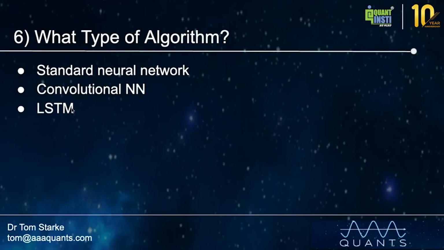LSTMs are often really good at dealing with time series. However, the problem with LSTMs is that the time series they like dealing with should be stationary, and this is often not the case for financial data. So in my own work experience, I find LSTMs don't really show much benefit. They're not worse than standard neural networks, but they don't usually provide a benefit for reinforcement learning. And the same, in fact, is true for convolutional neural networks.